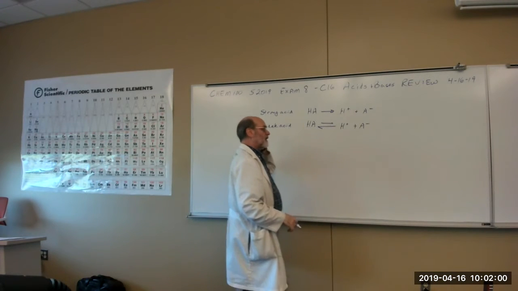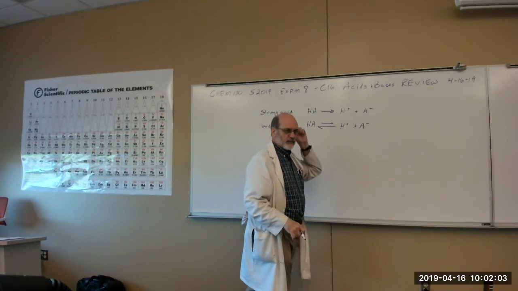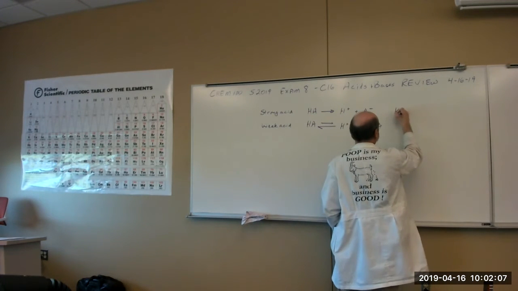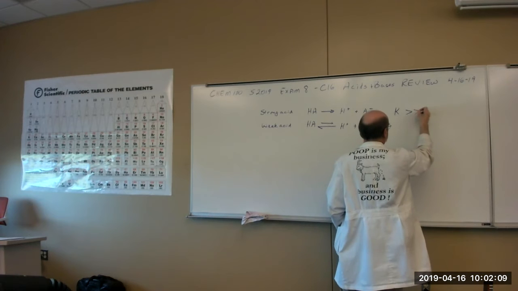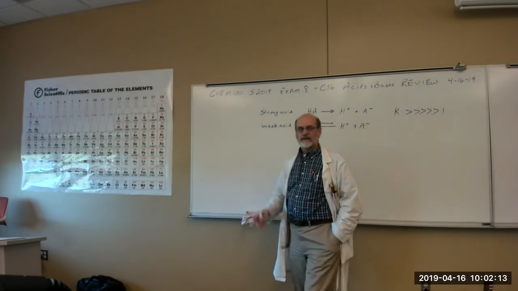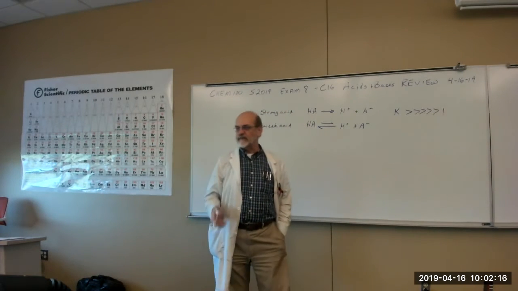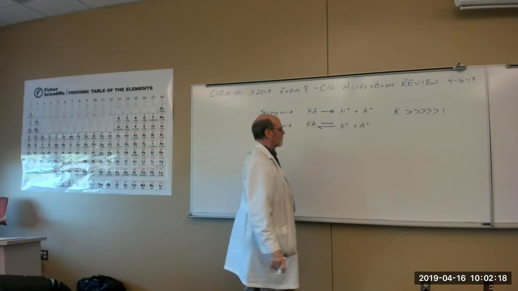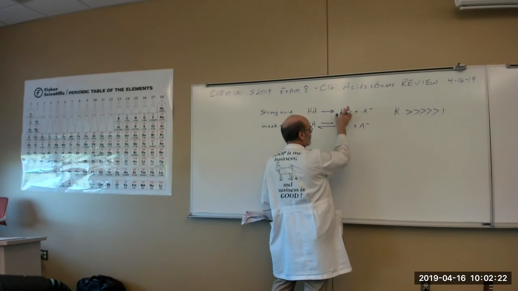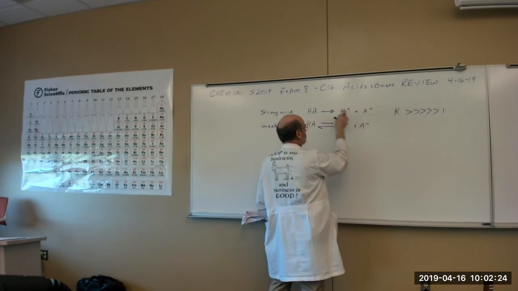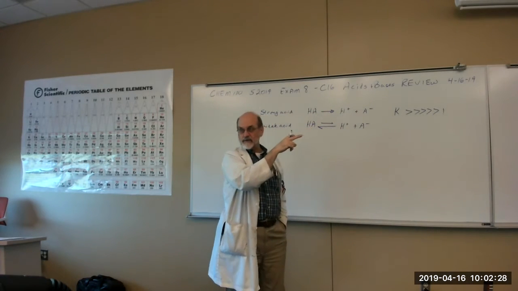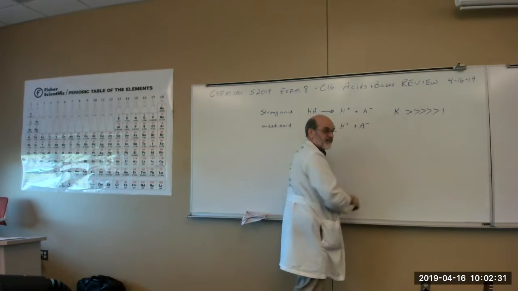So for this one, the K expression for the strong acid is huge. We don't even write it. It doesn't have any meaning, because it's the concentration of that times that divided by this one, and if that one is 0 or pretty near 0, that's infinity.